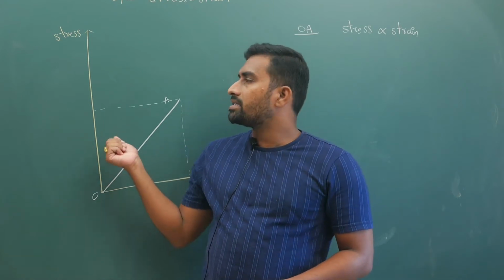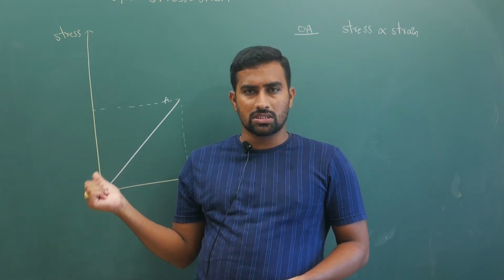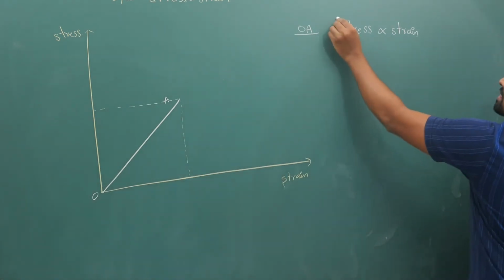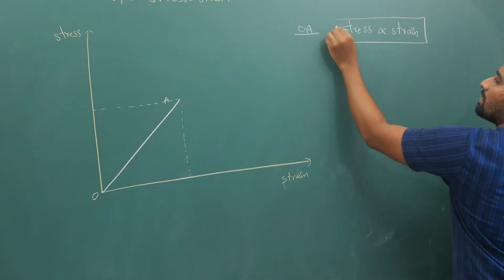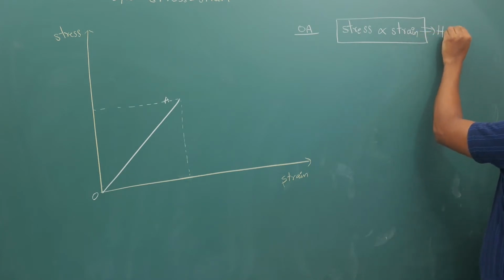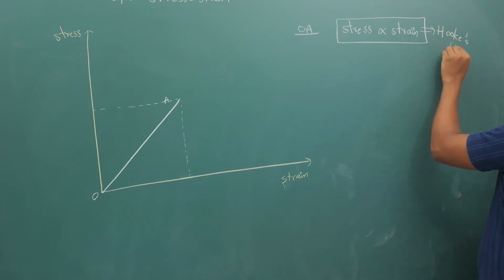So here stress is directly proportional to strain. This is an important point: this is in fact called Hooke's law. Hooke is a contemporary of Boyle.